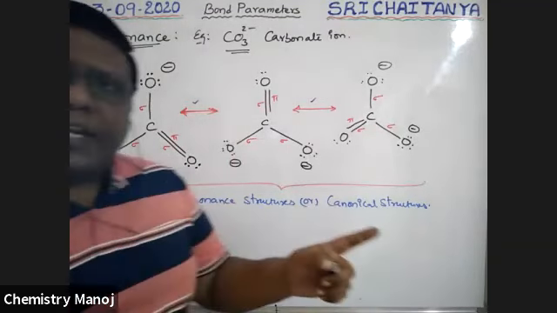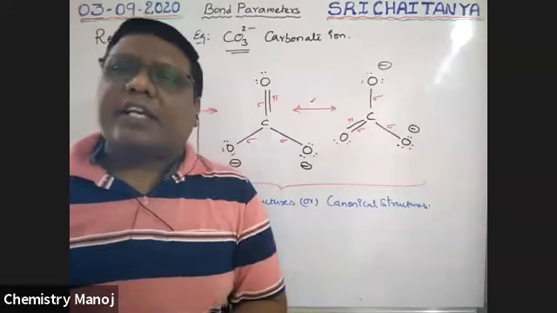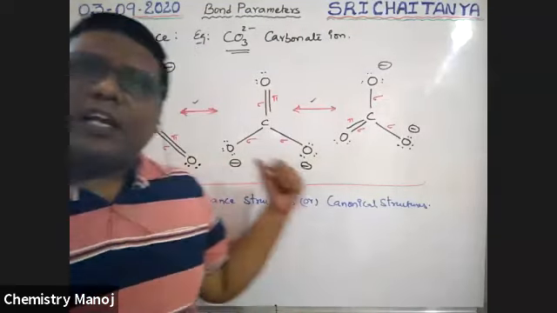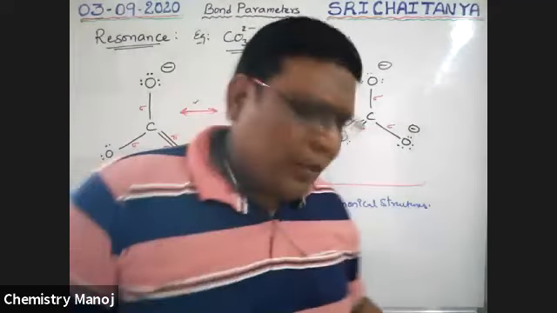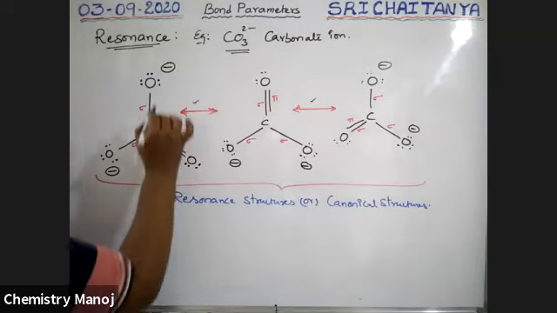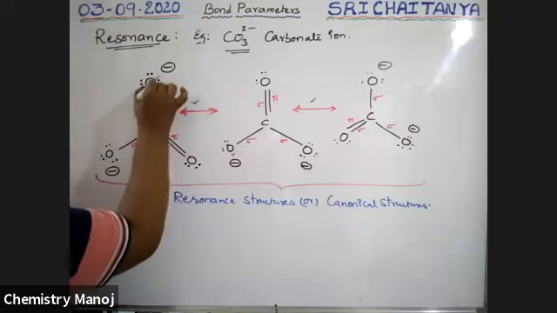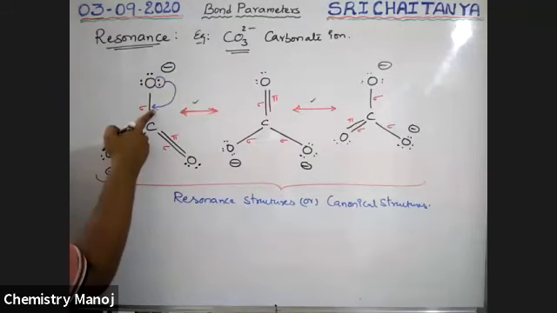Boys, please listen here. These canonical structures are only imaginary structures. See here, actually, what happened here? This lone pair comes like this. That means the lone pair is converted into a bond pair.